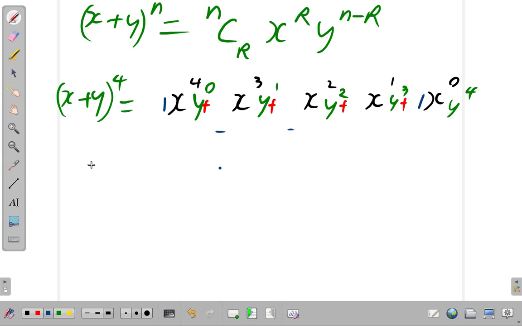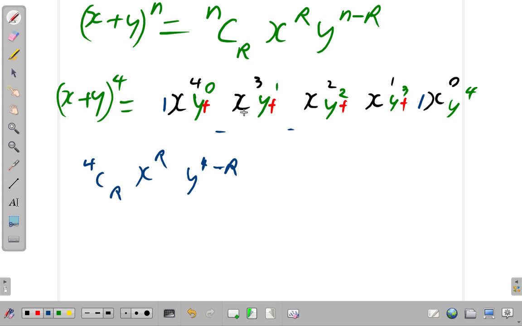Now, looking at the formula, it's nCr x to the r y to the n minus r. We know we're expanding to the fourth, so n is 4.